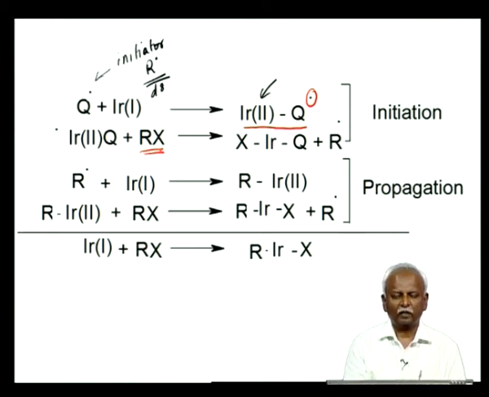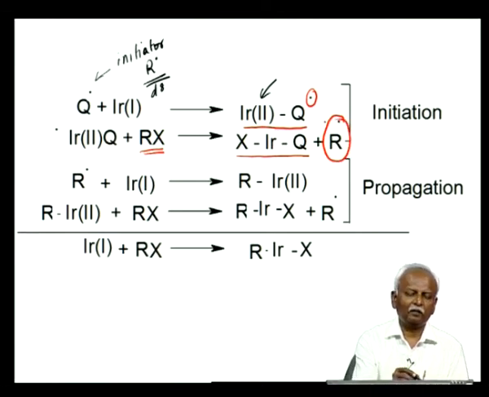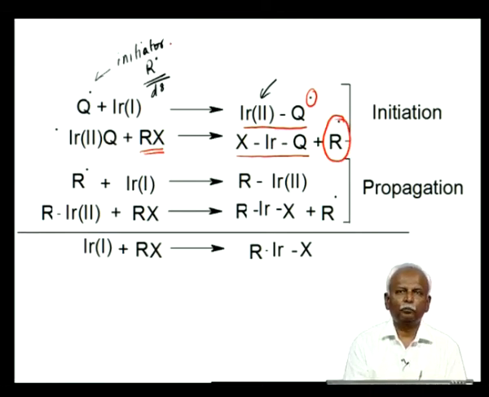That iridium 2 radical reacts with RX, grabs X and forms Ir-R-X, which again is an iridium 3 species, and generates R dot. Now, this becomes our key intermediate. We need very little of the initiator, that could be anything from oxygen to a radical species in the flask, which will lead to starting off of this reaction.